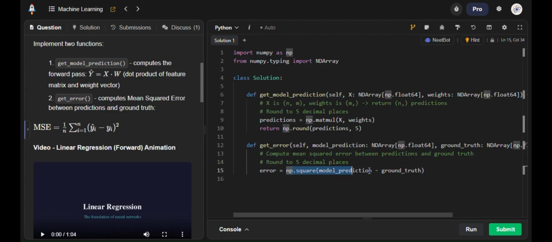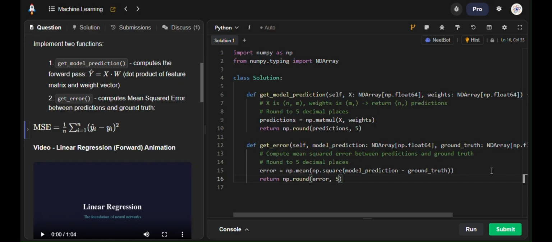So here we will enclose this in brackets and write np.mean. And since we have to round our answer to 5 decimal places, we will use np.round, so np.round of error and 5.